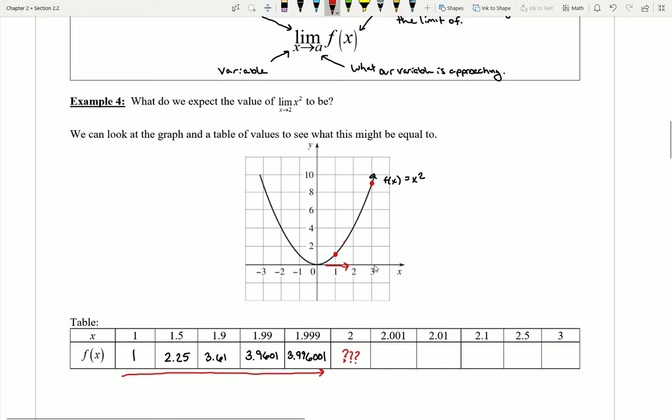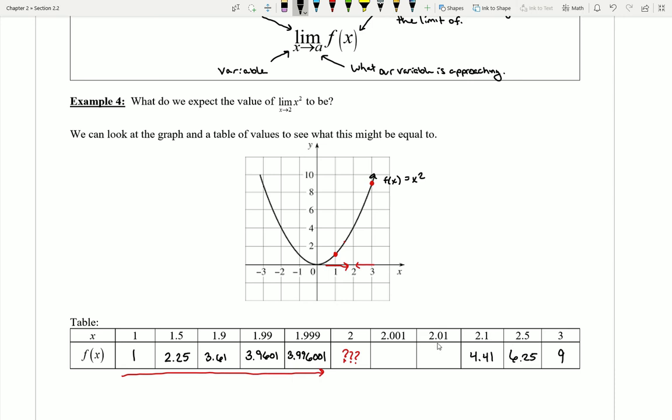Well, let's take a look here as we come from the other end. What if I was to imagine coming in this direction? So let's start at 3 and move backwards towards 2. If I plugged 3 in, obviously I get 9 as my y-coordinate up here. If I plug in 2.5, you could confirm you get the value 6.25. If I get even closer to 2, maybe I go to 2.1, and if I plug that in, I get 4.41.